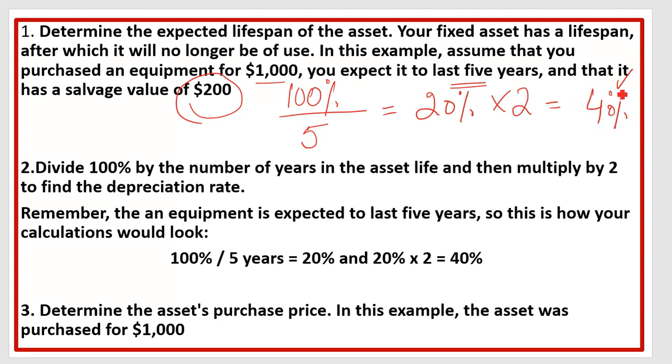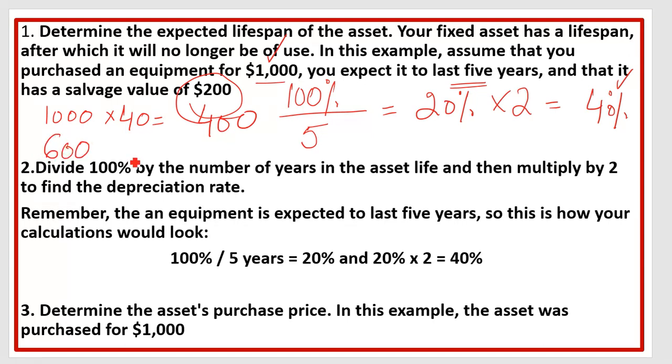So 40% is our depreciation rate. In the first year, our equipment will depreciate by 40% of $1,000, because the original price is 1,000, we will get 400, right? In the first year, our asset is depreciated by $400.